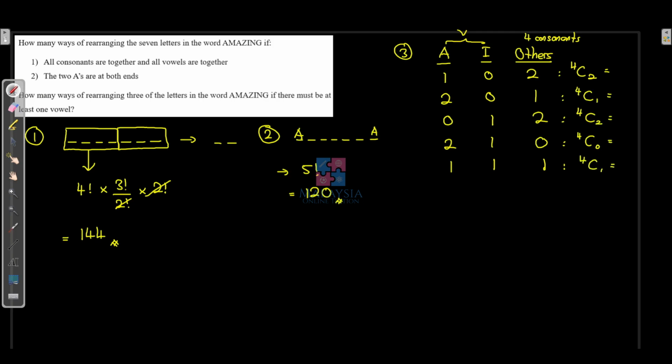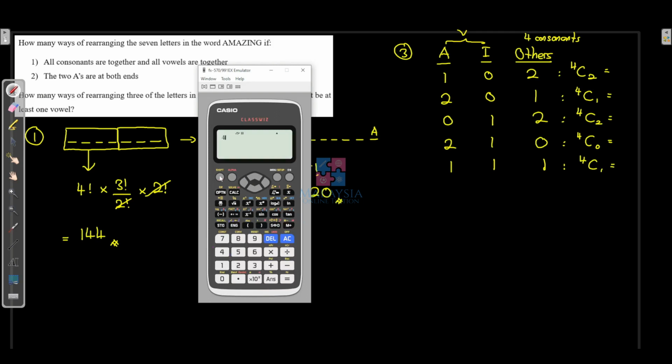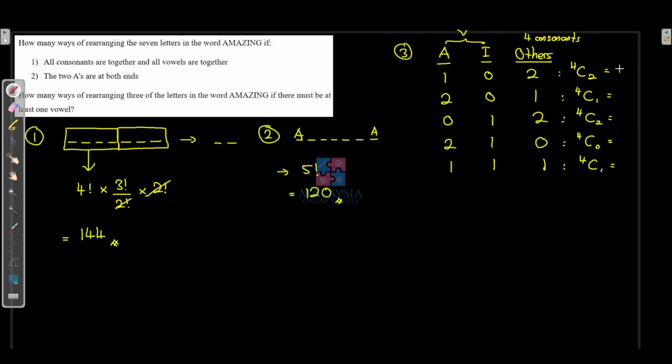That's it. So what is 4C2? That is going to be 6. 4C1 is 4. So 6, 4, 6, 1, and finally 4. What is the total here? 6, 4, 10, 10, 16, 17, 21. So there are 21 ways of choosing.